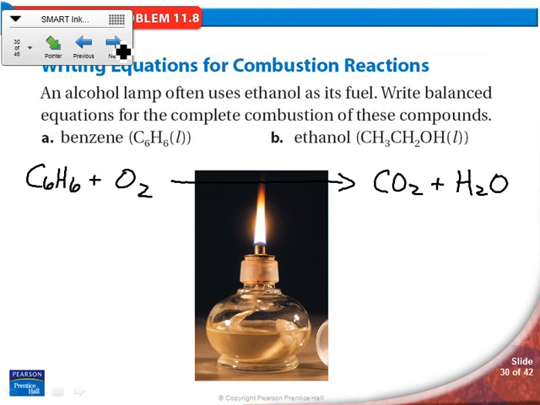Now this one unfortunately is a little bit difficult to balance. We need to put a 6 in front of the CO2 to balance out the carbons, right? And we need to put a 3 in front of the H2O to balance the hydrogens. But now I got myself in trouble because how many oxygens do I have on the right side?